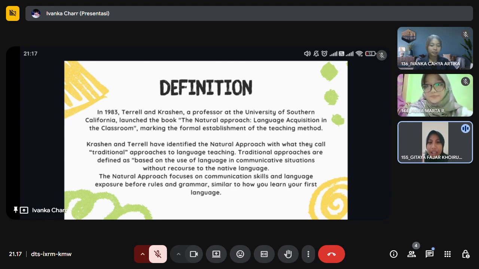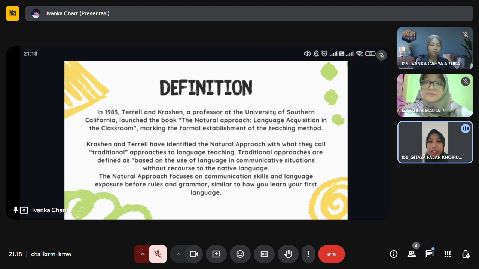Krashen and Terrell have identified the natural approach with what they call traditional approaches to language teaching. Traditional approaches are defined as based on the use of language in communication situations without recourse to the native language.